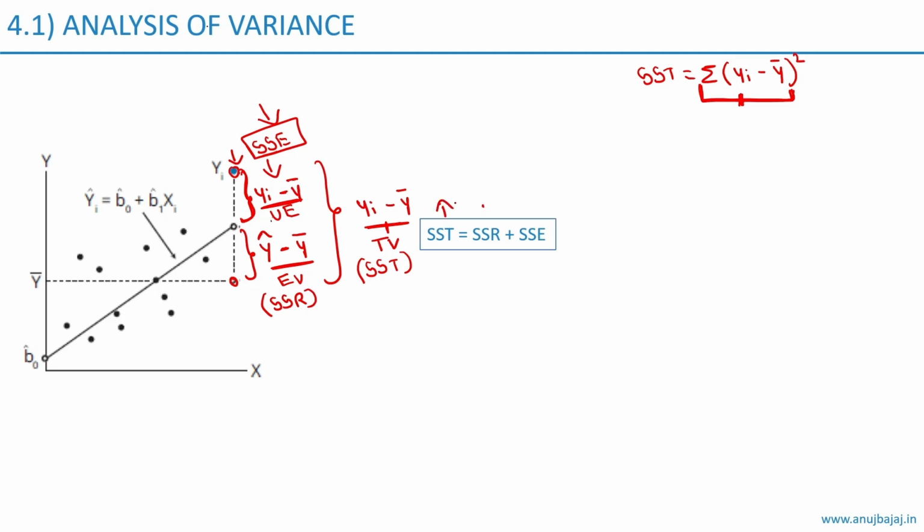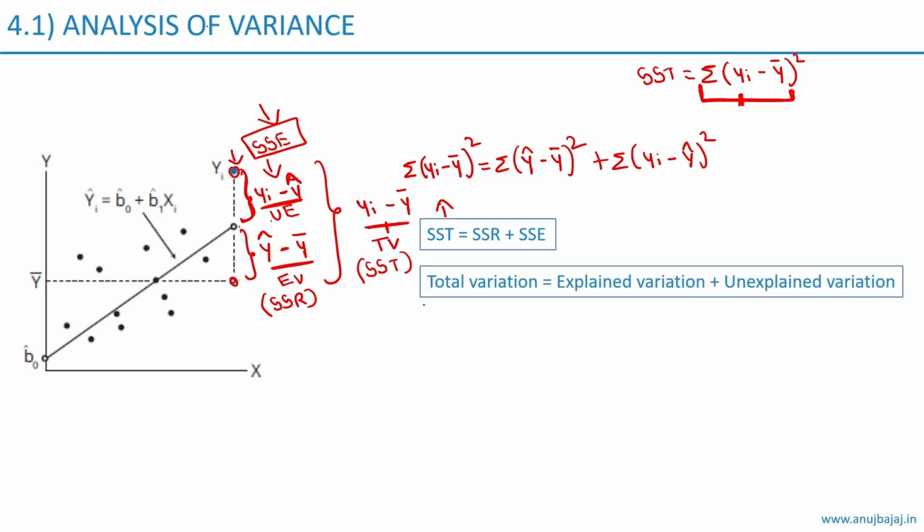So the sum of squares total was summation of value of the dependent variable minus the average value squared, and the sum of squares regression equals summation of the predicted value of the dependent variable minus the average value of the dependent variable squared, and the sum of squared error equals summation of actual value minus the predicted value squared, and this is actually y hat and not y bar.